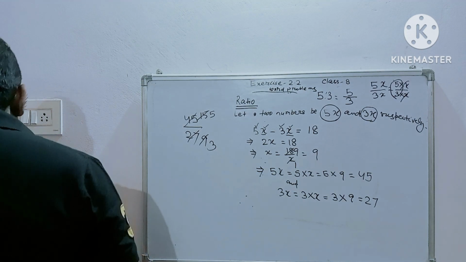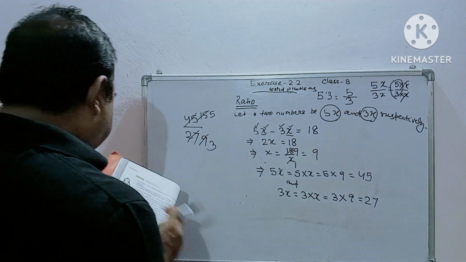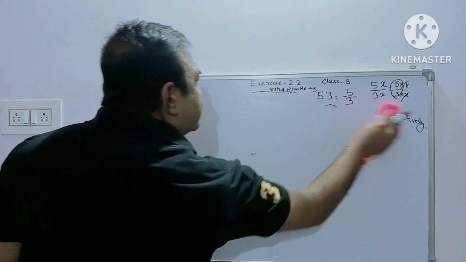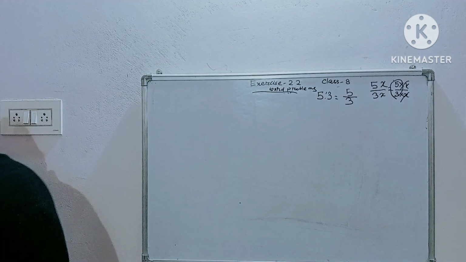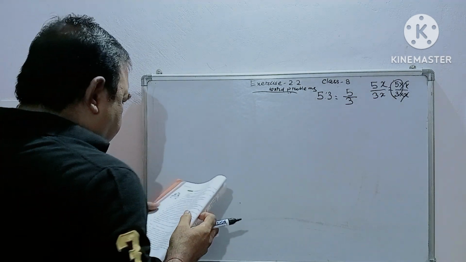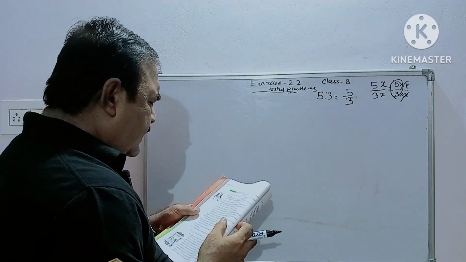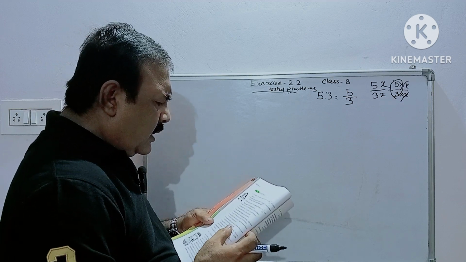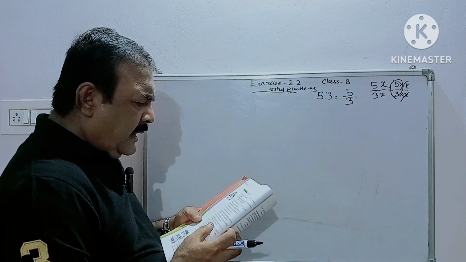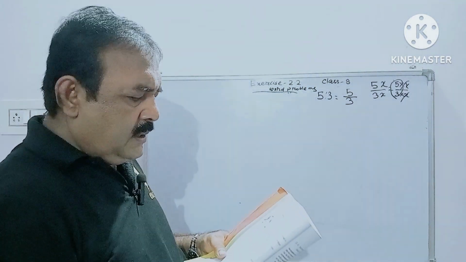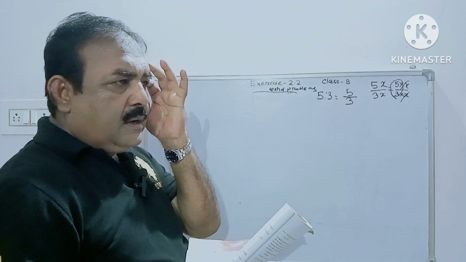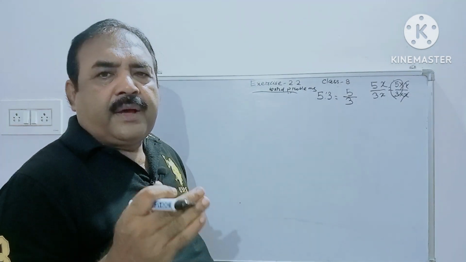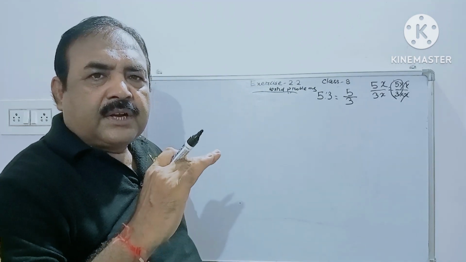So we will move to the next one, question number 6. Three consecutive integers add up to 51. What are these integers? Suppose you see 2, 3, 4, 5, these are consecutive integers.